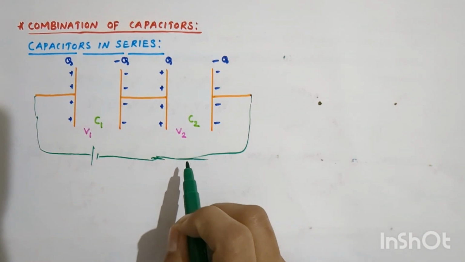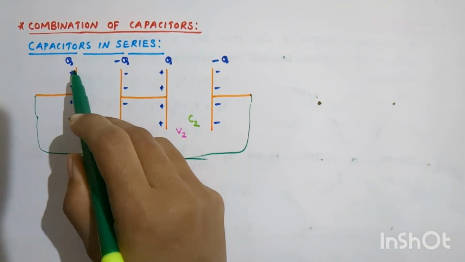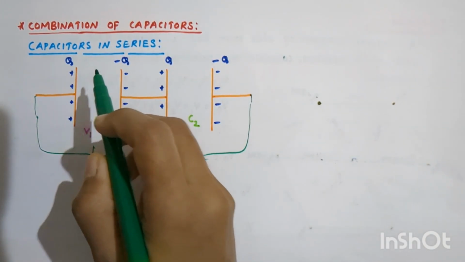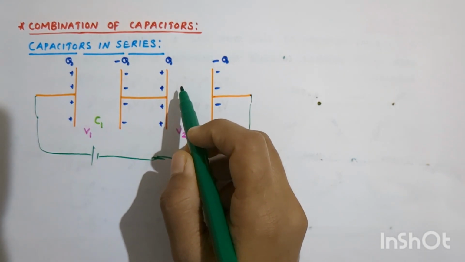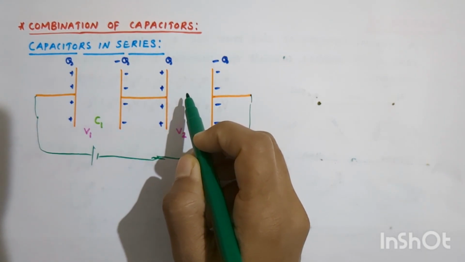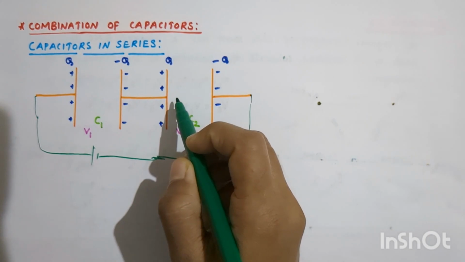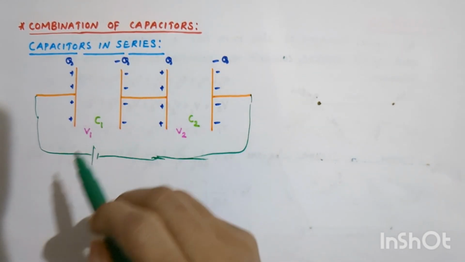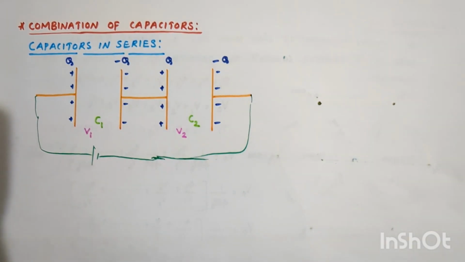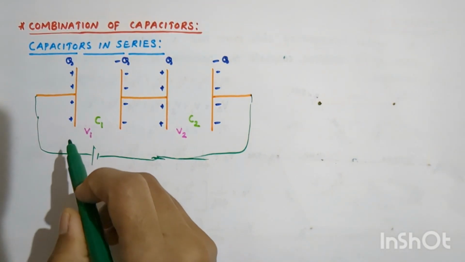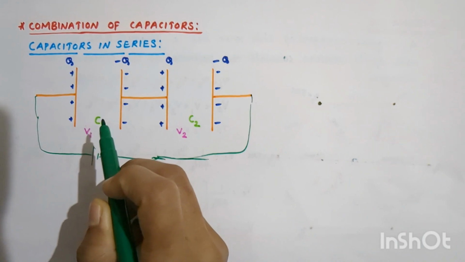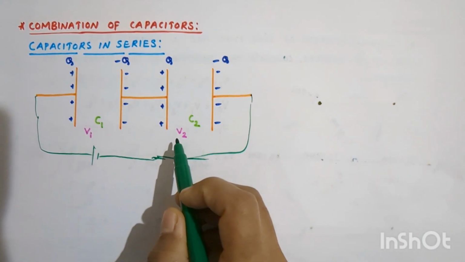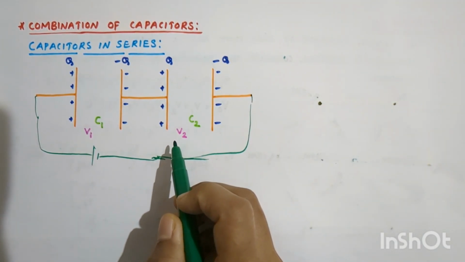Now, Q is the charge on the first capacitor and the same charge Q is there on the second capacitor. In series combination, the charge on each capacitor would be the same. Now, let V1 be the potential difference across the first capacitor and V2 be the potential difference across the second capacitor.